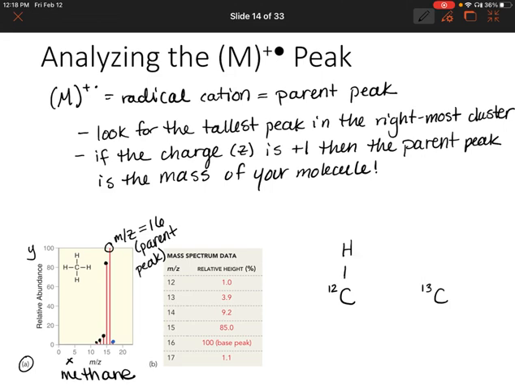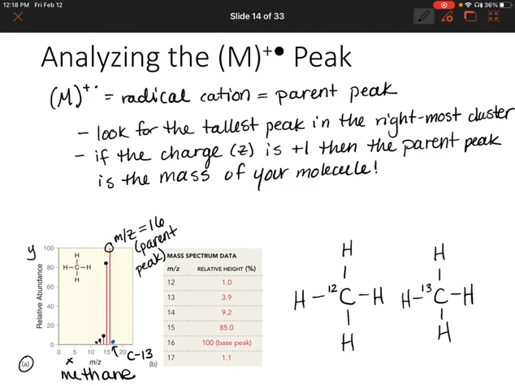So we could potentially have some of the methane molecules with carbon-13, and that's going to increase the mass by 1, but it's such a small amount that we get this tiny little peak just right next to the parent peak. Again, that's just due to carbon-13. So that's kind of cool that mass spectrometers can detect isotopes as well as fragments of a molecule.